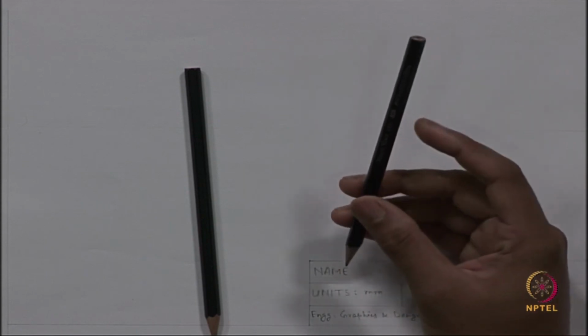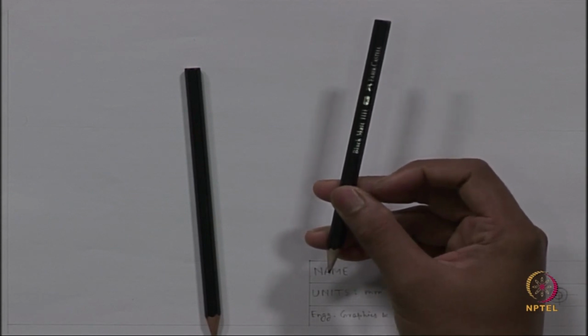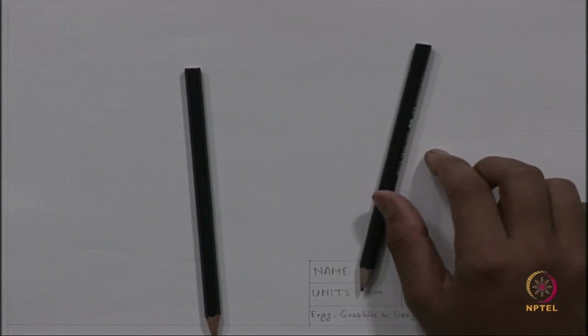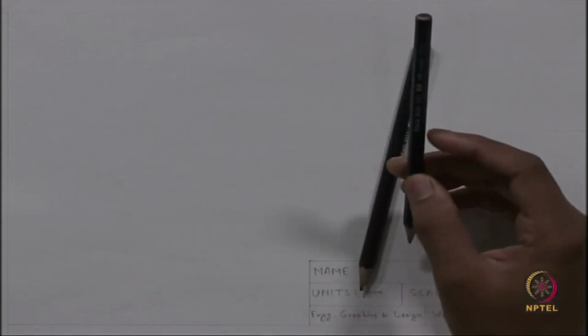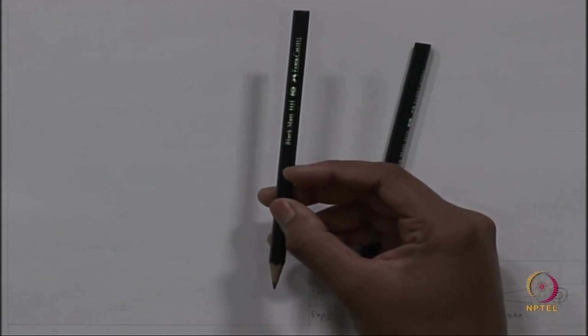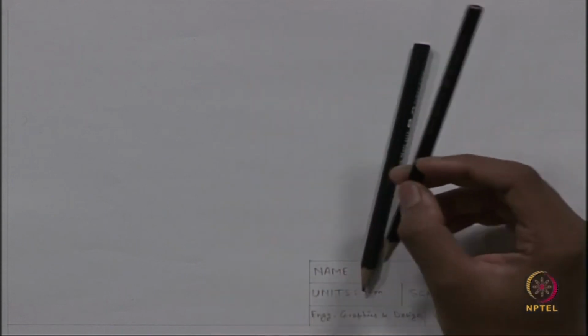The first one is H category of pencil, H. The H category of pencil we will be using for drawing projection line, construction line, etc. It will give you a light impression. For the original drawing of the object, we will be using 2H pencils. 2H pencils give a bold impression compared to H.